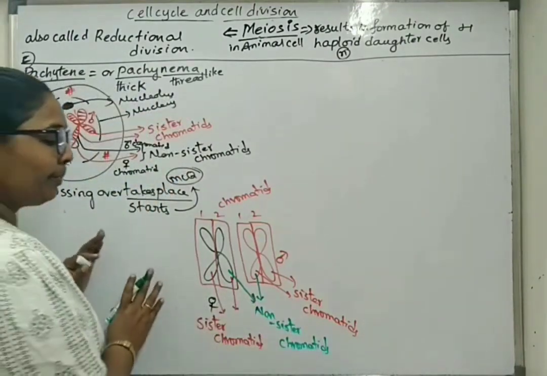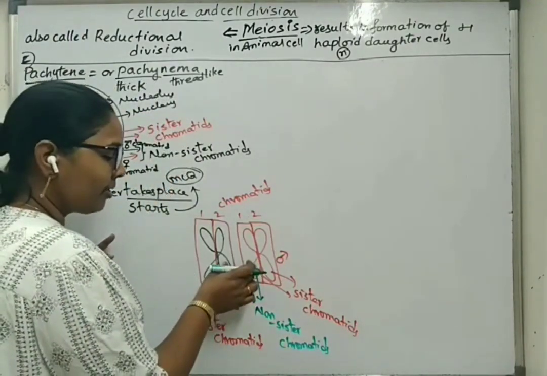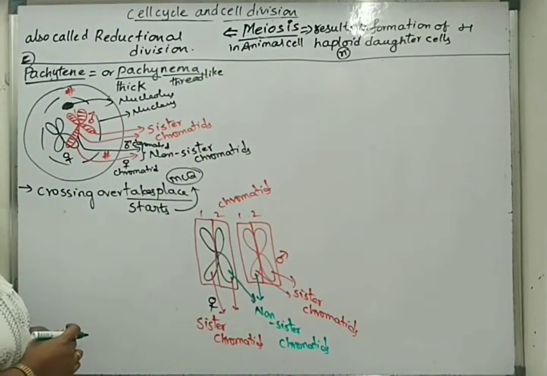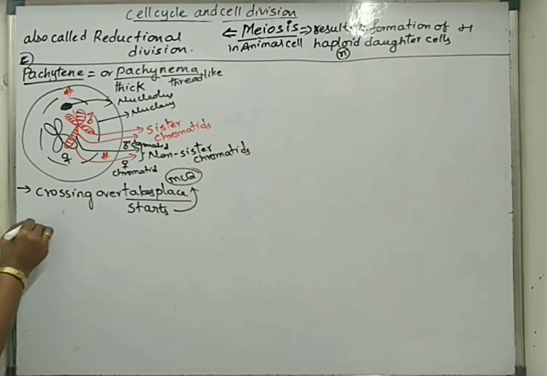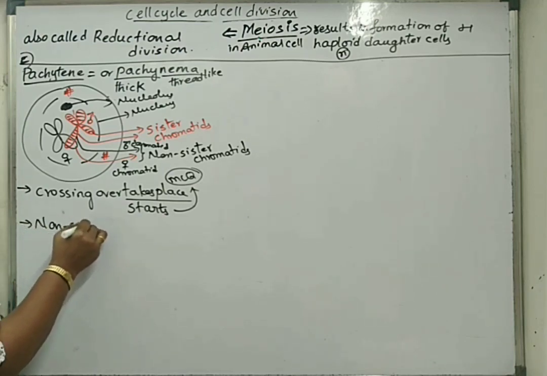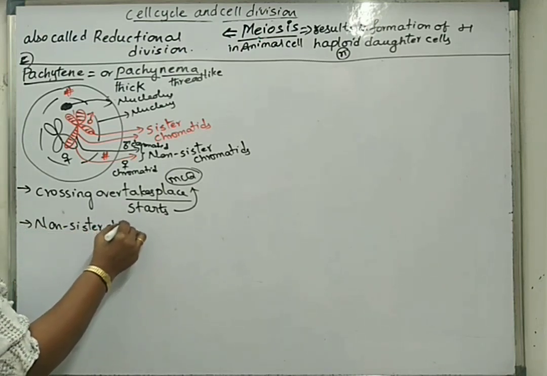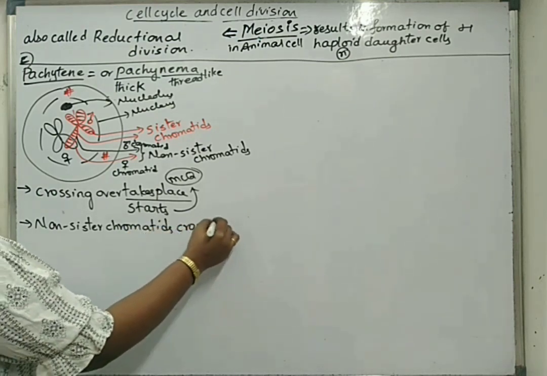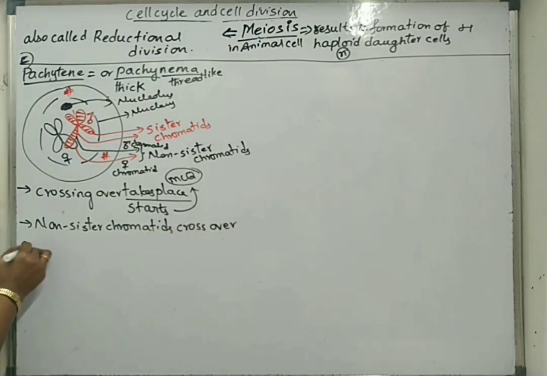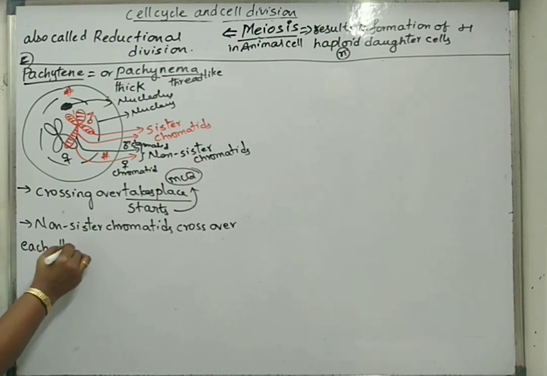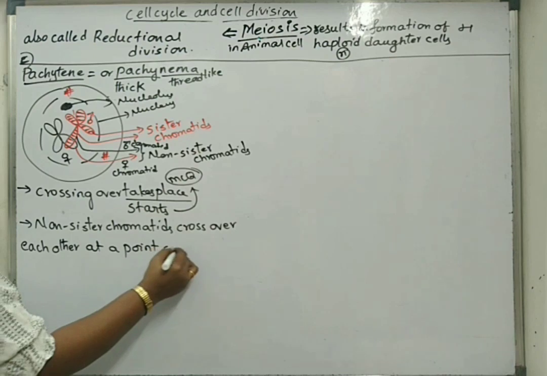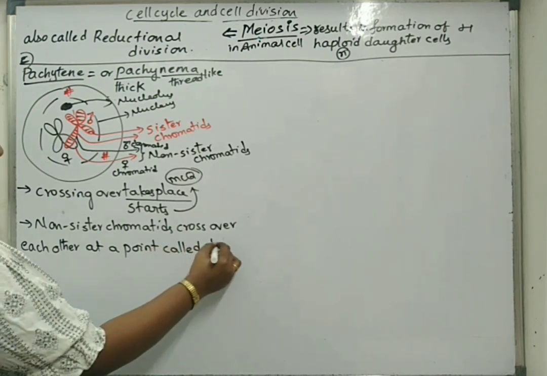Now, in the pachytene stage, crossing over happens between these two non-sister chromatids. Non-sister chromatids cross over each other at a point called chiasmata.